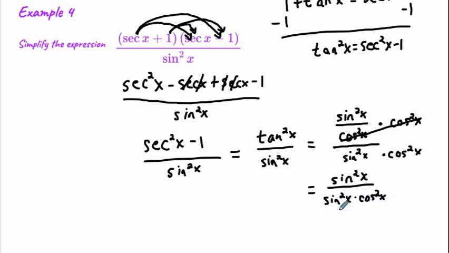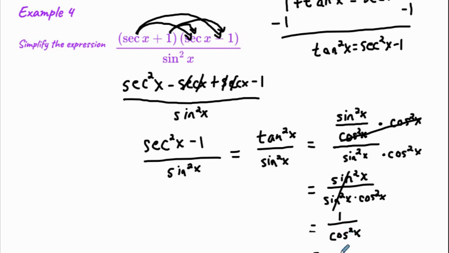Now we can simplify. We're just dealing with a fraction here, so these sine squareds can cancel out, and I'm left with 1 over cosine squared. That would be a fine enough answer, but we can take it one step further.